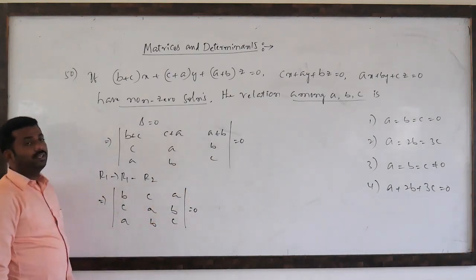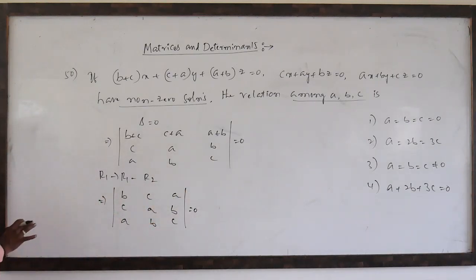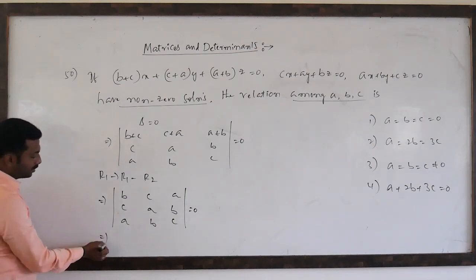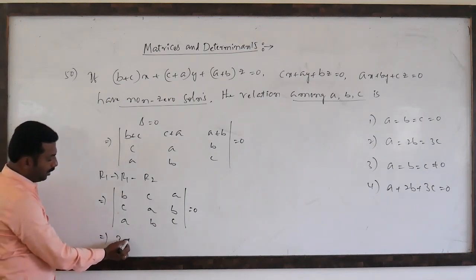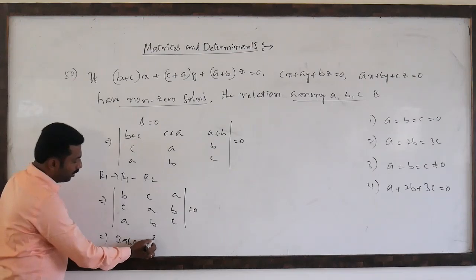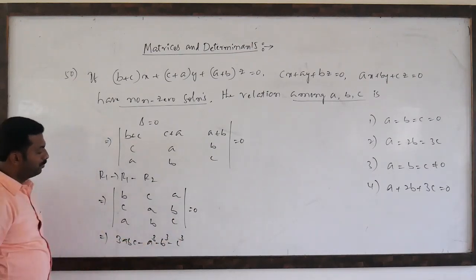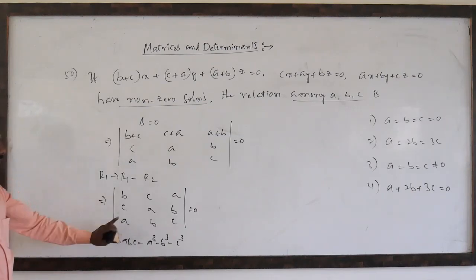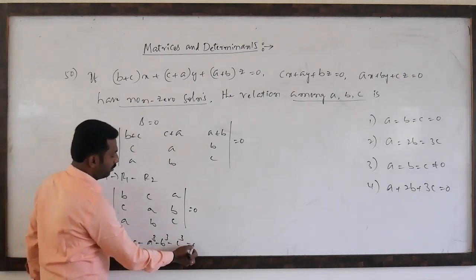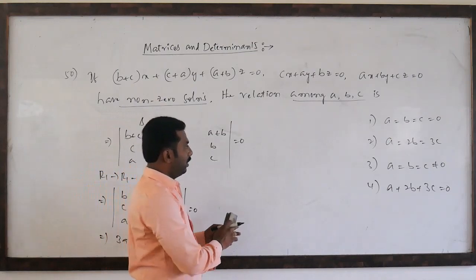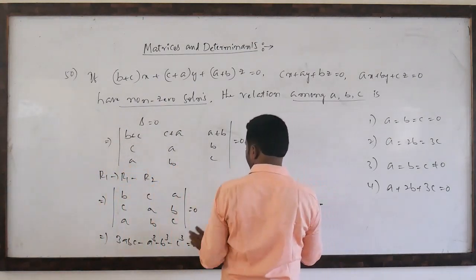This is a circulant matrix determinant, and the direct answer is 3abc minus a cubed minus b cubed minus c cubed equal to 0. If you want, I will rewrite these values, and you can check later.